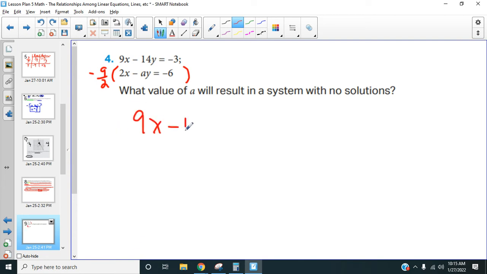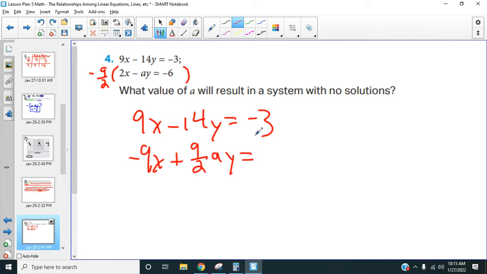here's the top still. This would then become negative 9. And then now that I turn this into plus 9 over 2a. And then this side, let's see, 6 times 4.5 would be 27.